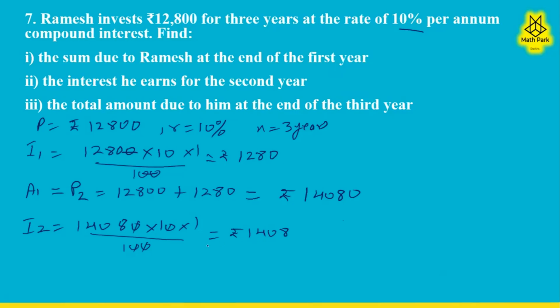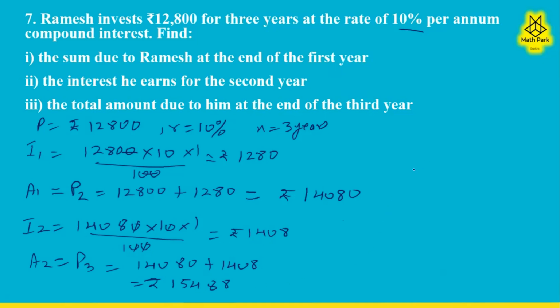which we get as rupees 1408. And then the amount for the second year, which is the principal for the third year, is going to be 14,080 plus 1408, and that is rupees 15,488.